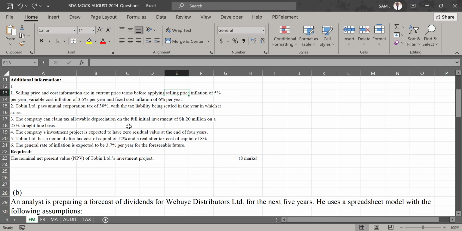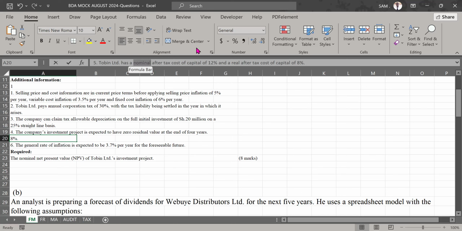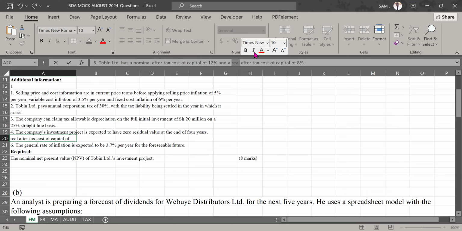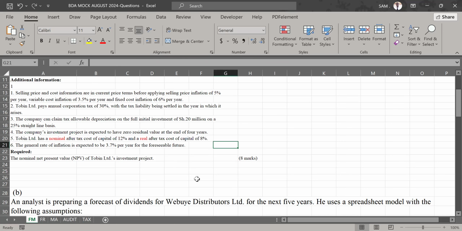Now in note 5, the same examiner is bringing on board nominal after-tax cost of capital. The word nominal being used there. And then real. We have nominal, and then we have real. So whenever you see those two terms, you should already be thinking of something. The examiner is trying to bring on board something there. We are going to see it. Note 6. The general rate of inflation is expected to be 3.7% per year for the foreseeable future.